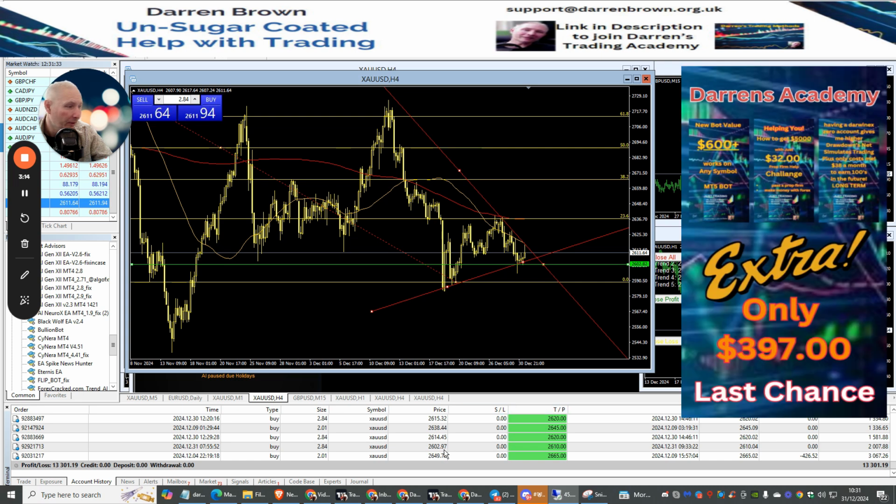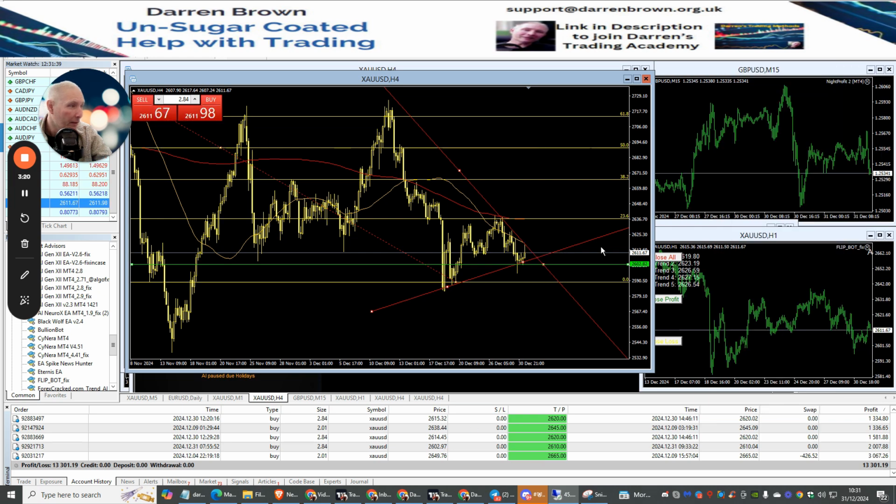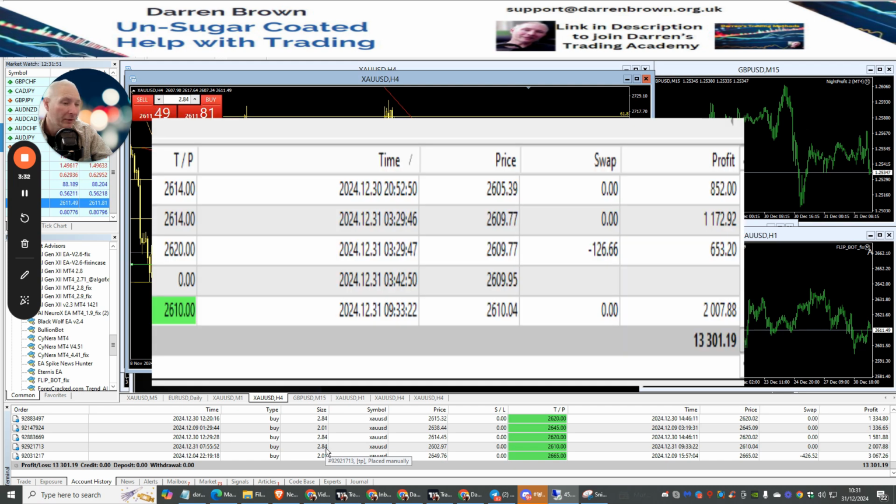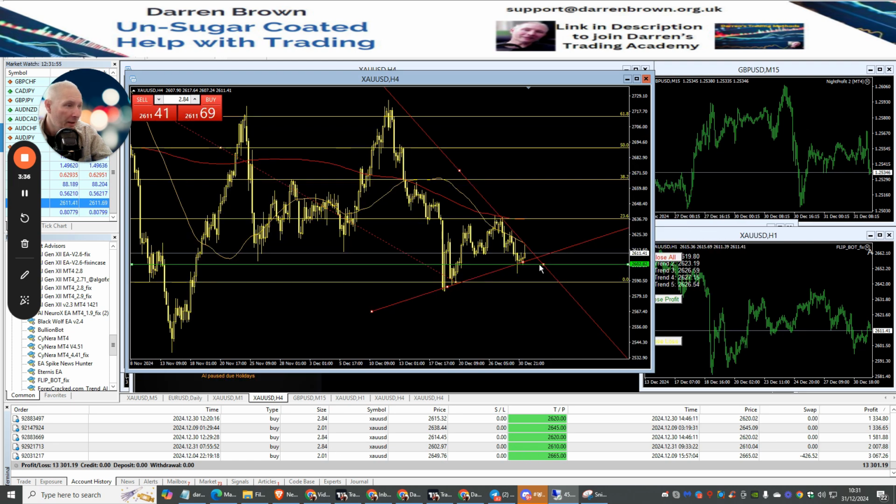You'll see, look, 2602 right here, and I closed the trade at 2610. So I wasn't greedy. I only went for 8 pips at 2.84 lots. Roughly I do about 2 to 3 lots per trade, and I relied on the actual trade to bounce off this support and come back down.